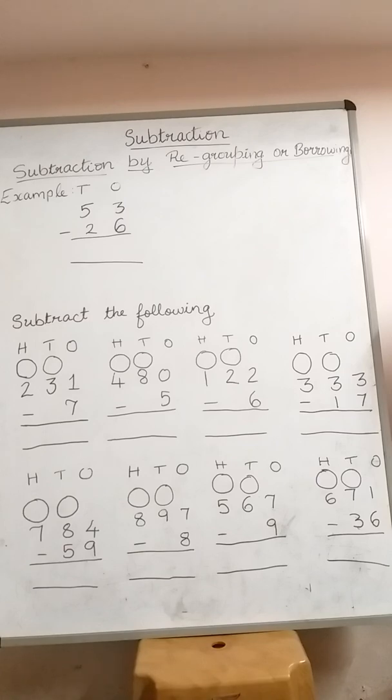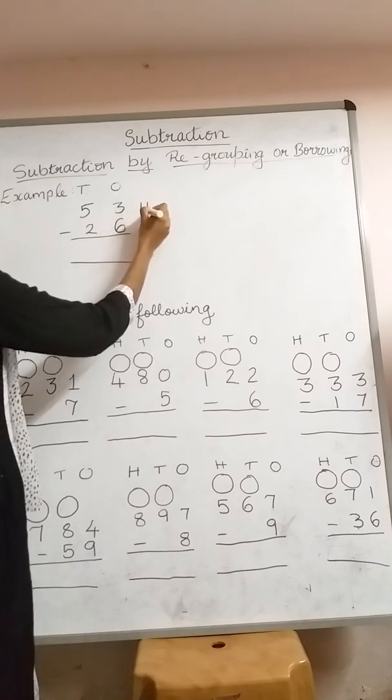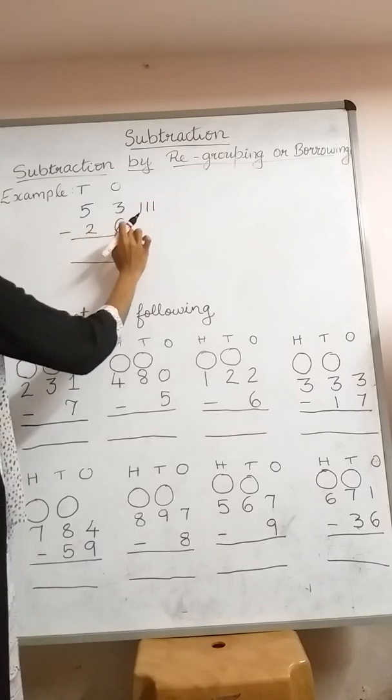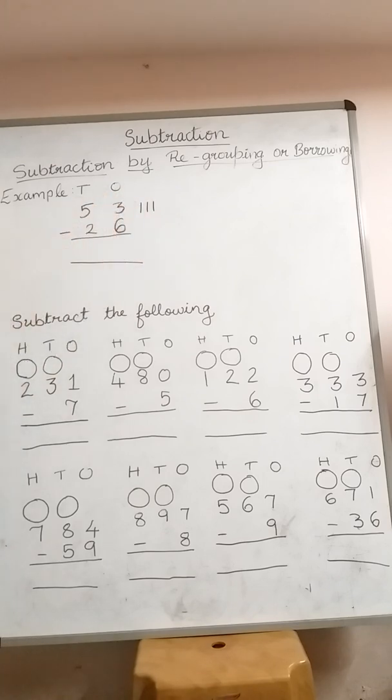You see here that 3 is lesser than 6. If I draw 3 lines, am I able to take away 6 lines from that? No, it's not possible because 3 is a less number and 6 is a greater number. I cannot take out a greater number from a small number, isn't it?